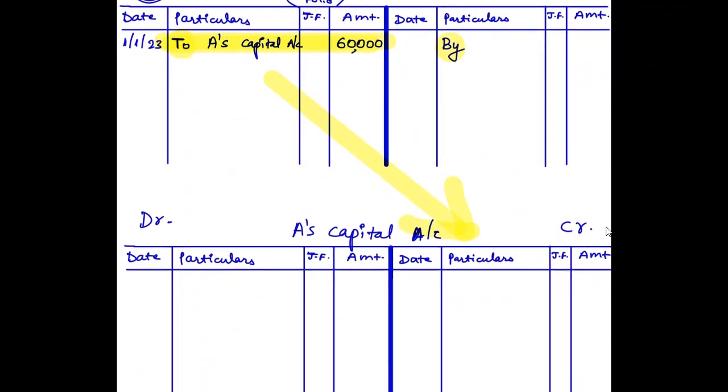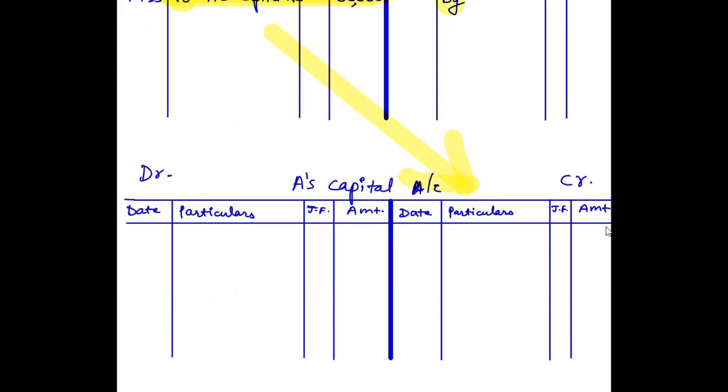I will write the date first, that is 1st of January 23, and I will write By cash account rupees 60,000. So that is how I will do the ledger posting. This is called ledger posting.